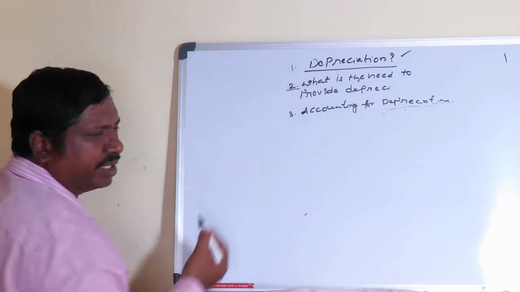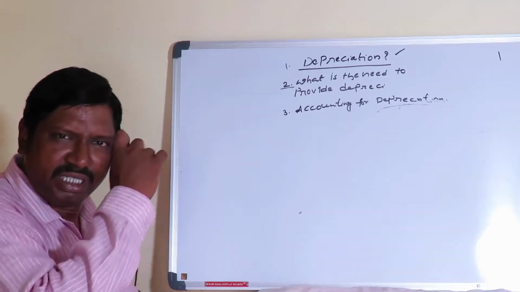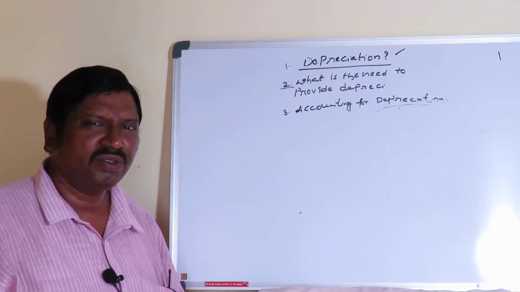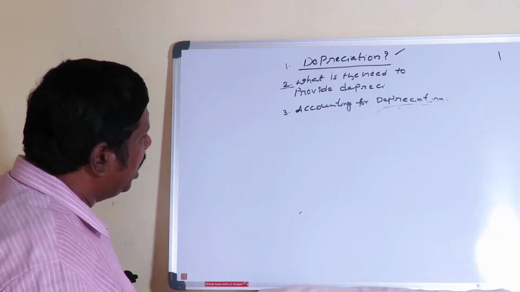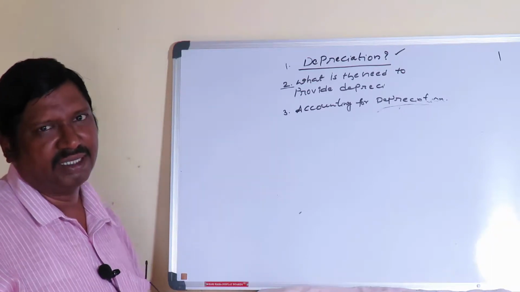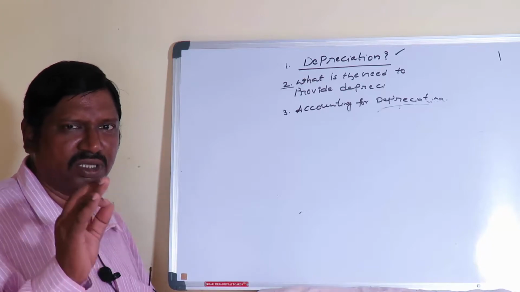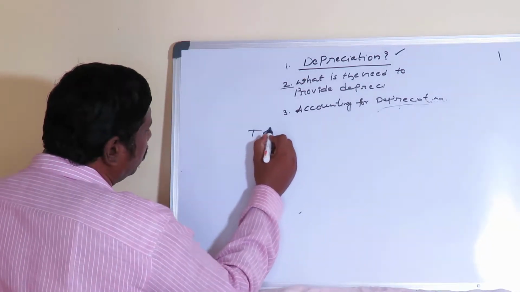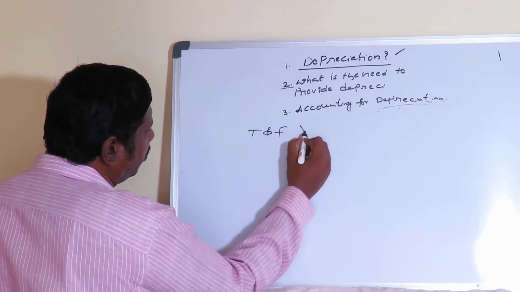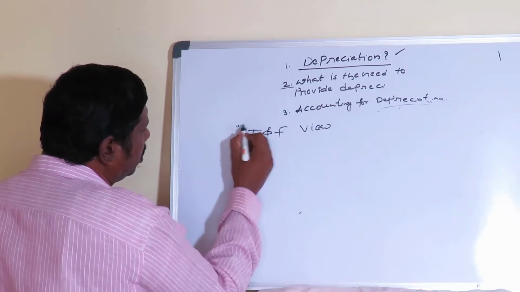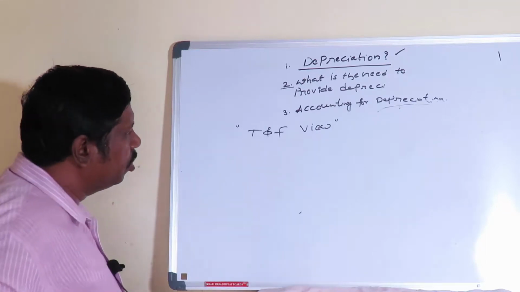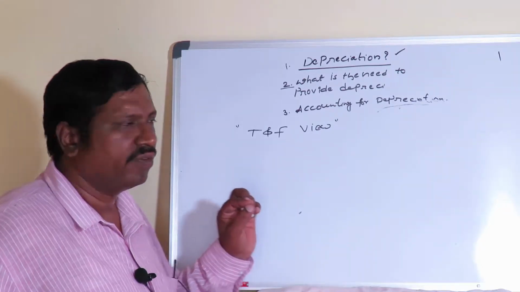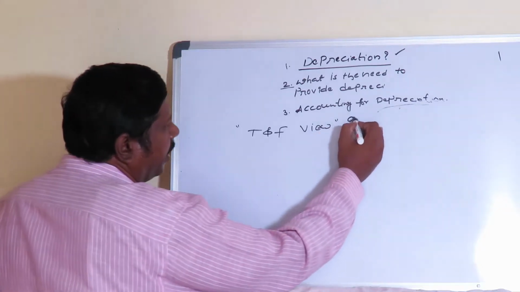Good. Now, why do we need to provide depreciation? What is the need to provide depreciation in the books of accounts? As far as the books of accounts are concerned, they must show a true and fair view of affairs.